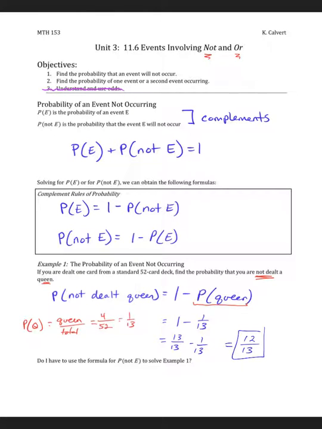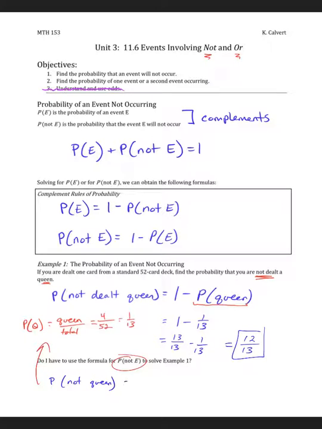Now, you may have thought, but wait, did we have to do all that? And the answer is no. Do I have to use this formula that we just used to solve that? The answer is no there. To find the probability of not getting a queen, we could have also taken a similar approach to what we did right here.